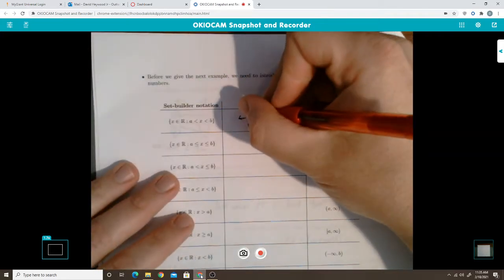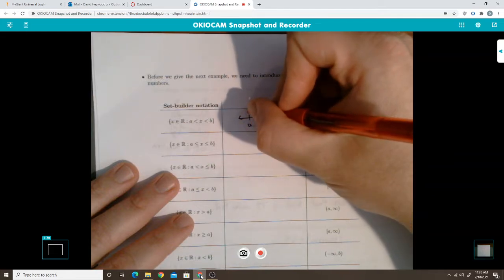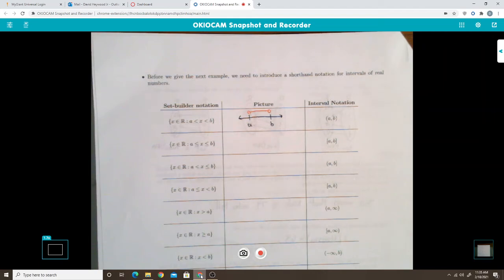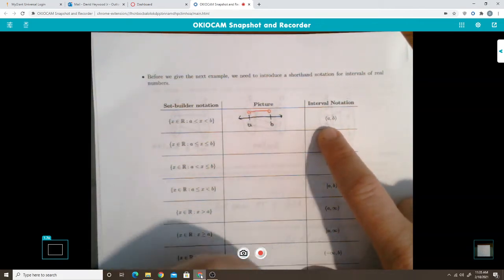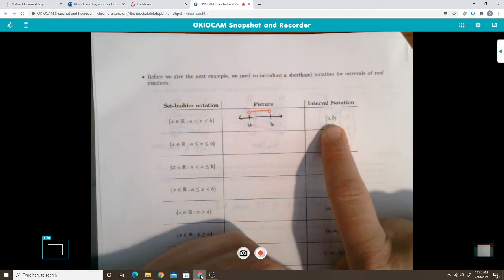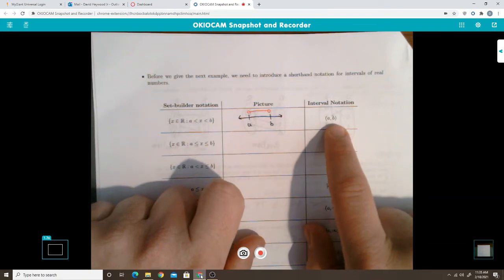So then the set in question would be all of these numbers between a and b, not including a and b. So we leave those as open circles on the endpoints to indicate that a and b are not included in the set, right? In interval notation, we show all of the numbers between a and b by just writing them inside of a set of parentheses. And we use parentheses to indicate that a and b are not members of the set.